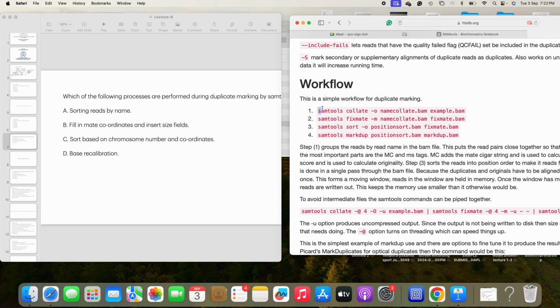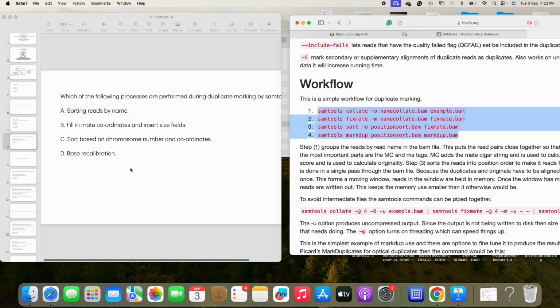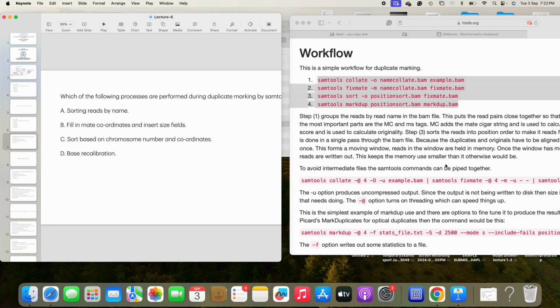So this is the simple workflow for marking duplicates by SAMtools: sort the reads by name, fill in mate coordinates and insert size field, and sort based on chromosome number and coordinate.